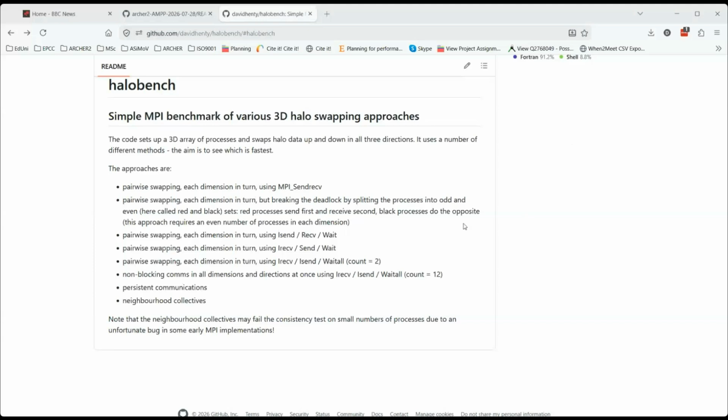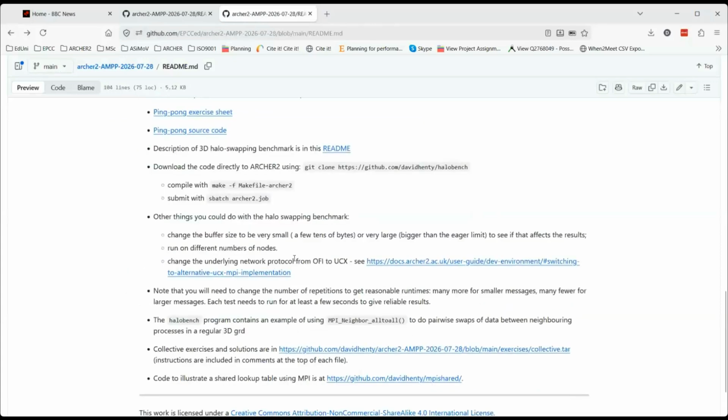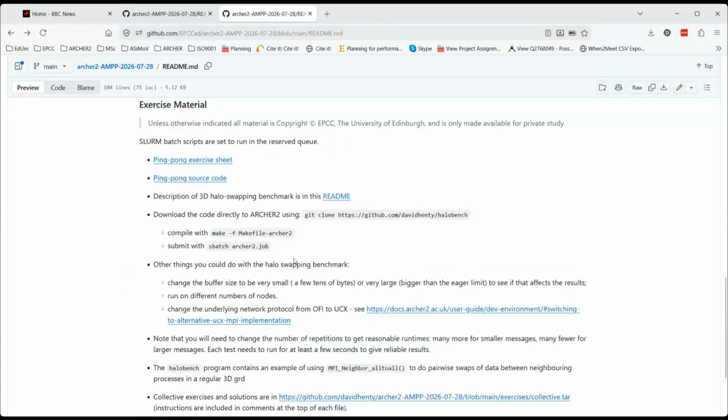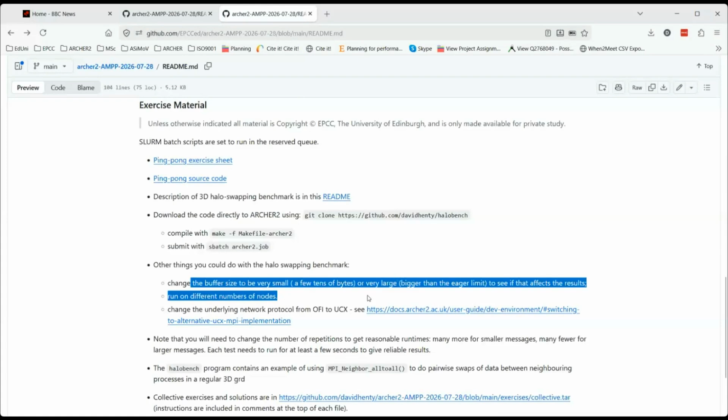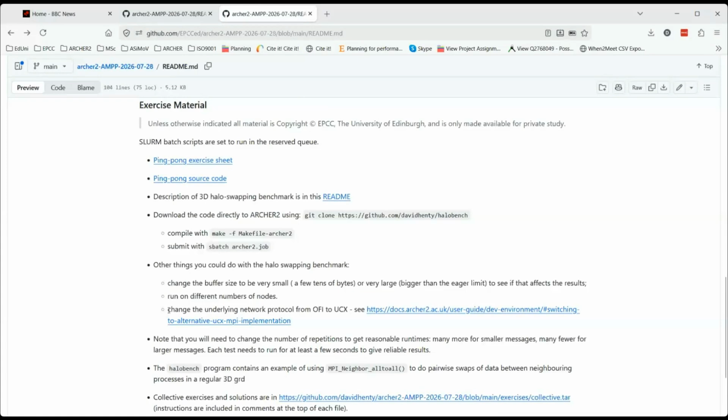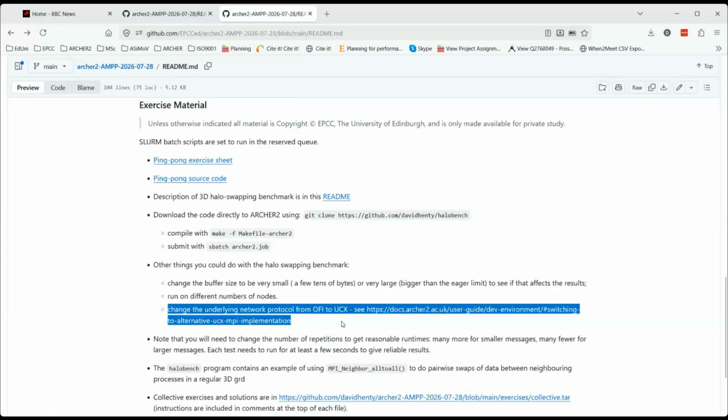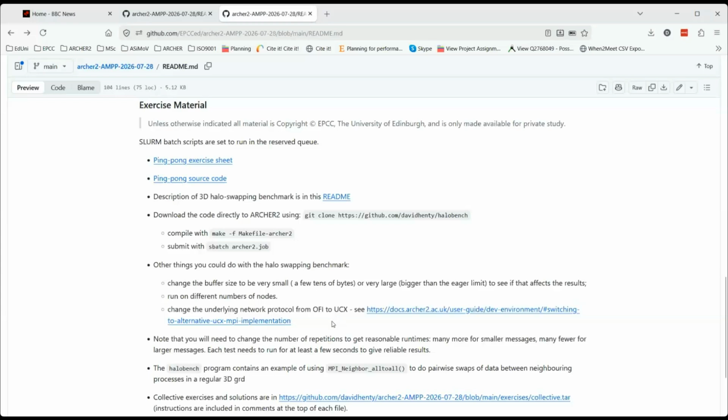So let's just check that this does work as expected. The other things I've mentioned here: you could change the buffer sizes to be small or big. There's more than one way of doing MPI. At the lowest level on ARCHER2, you can use something called the UCX protocol.